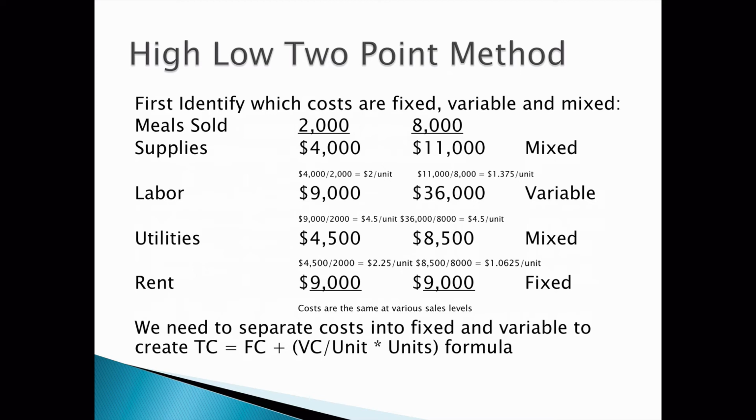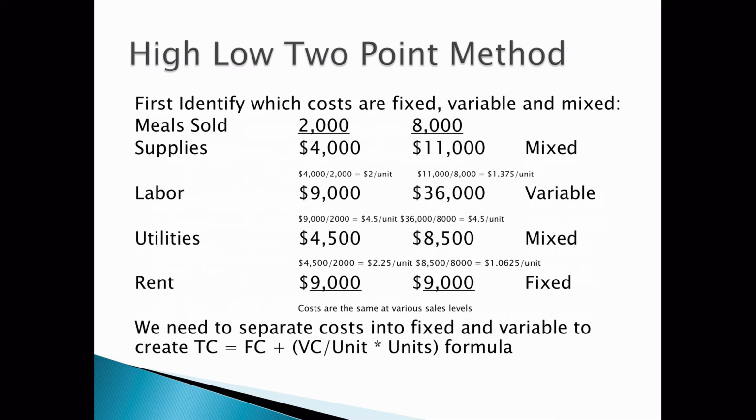At 2,000 units, we get $2.25 per unit, and at 8,000 units, we get a little over $1 a unit. So we know that's a mixed cost. The mixed costs, we're going to have to use the 2-point high-low method to separate into fixed and variable costs. And then finally, we have rent. Regardless of the volume levels, our rent's $9,000, so we know that's fixed.